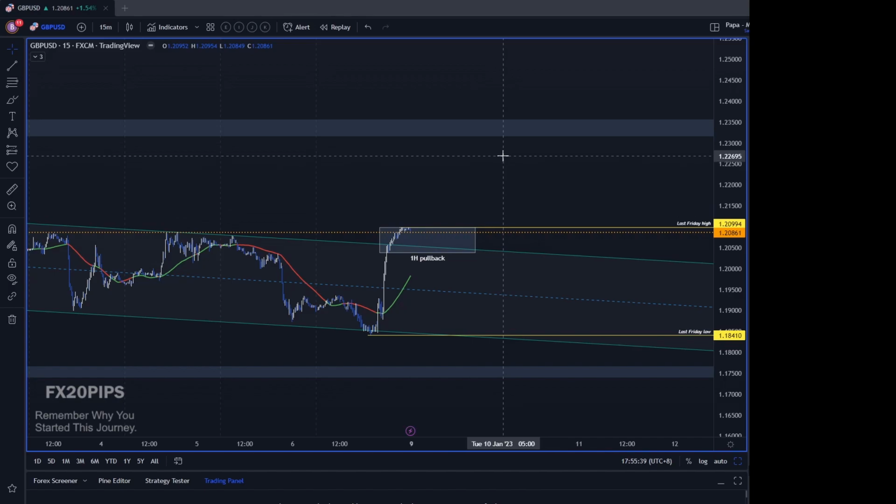Okay, so for next week I'm expecting price to keep going up until Wednesday. Alright, and then see how it reacts to the US CPI data figures.